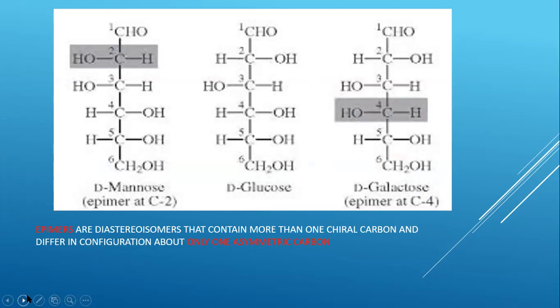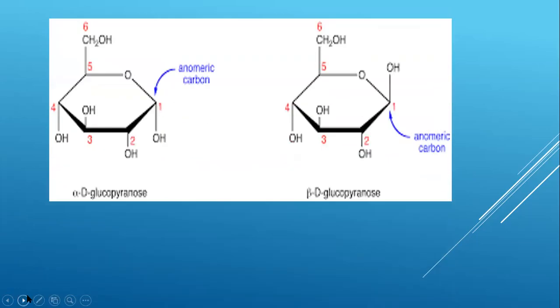When carbon 1 joins with carbon 5 to form a cyclic compound, you have something like this. The hydrogen atoms are still arranged as they are, but the one in carbon 1 has joined with carbon 5. So we have what we call a cyclic glucose.